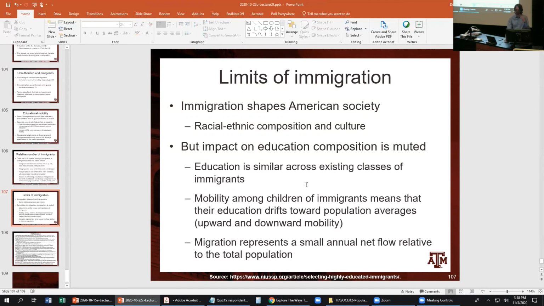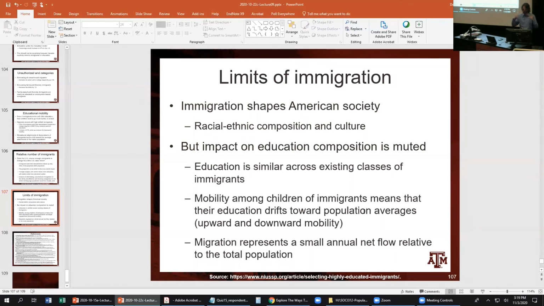So children of immigrants whose parents are low educated will tend to have upward mobility. They will tend to have better education than their parents. But children of immigrants whose parents have higher education, on average, their education will decline, because children of immigrants tend to have an overall average education attainment similar to the US-born population, right?